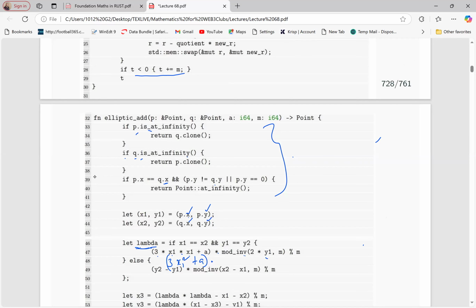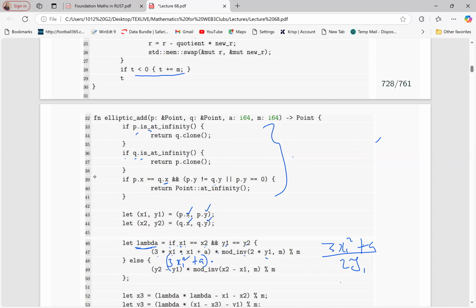This is if it's the same point. If x1 and x2 are equal, and y1 and y2 are equal, that means the same point. And you know the formula is always supposed to be 3x squared plus a over 2y1. Let me just say that.